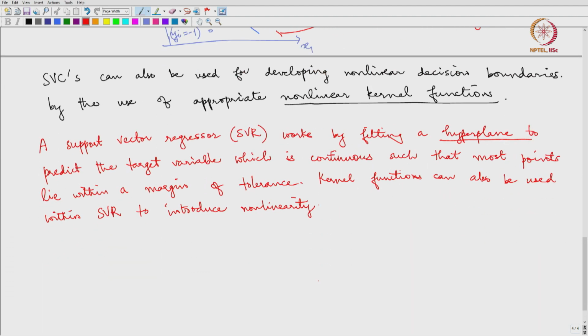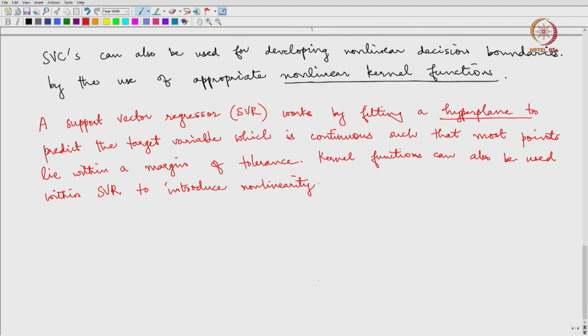So, how does this now work? Let us go ahead and try to understand the mathematics behind it. We will start with linear support vector classification, and that too a hard margin one. So, the next topic that we are going to consider is linear hard margin support vector classification.